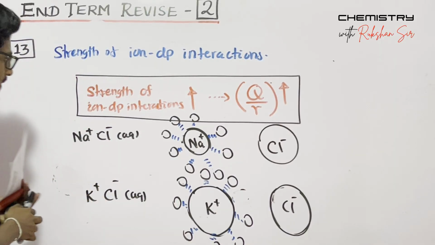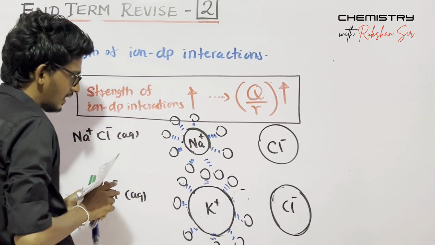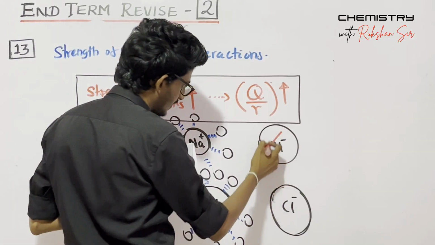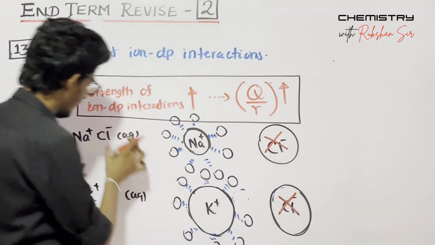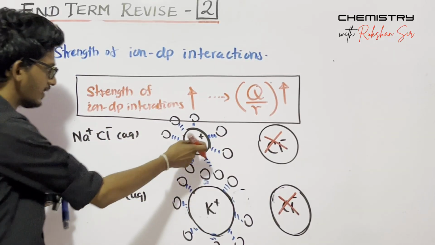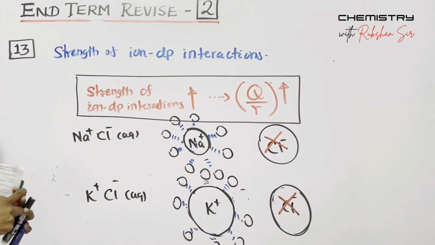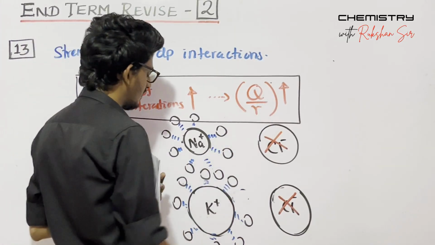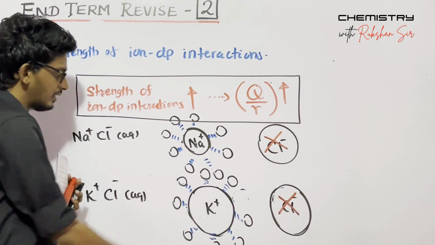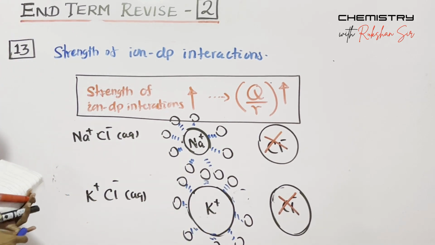We know there is no need to compare the Cl minus part because that is common to both, right? So when considering these two, the charge density is greater with the sodium plus compared to K plus.